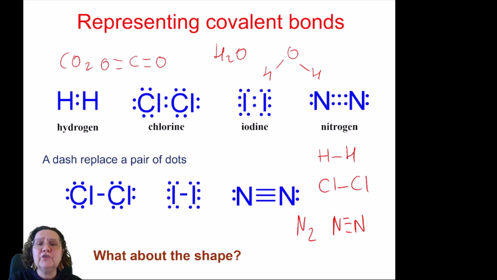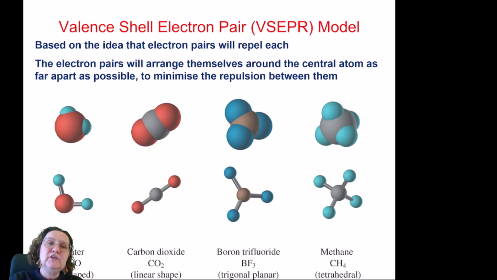And that is because those lines are not the only electrons that are around that central atom. To understand the structure of a molecule, whether all the atoms will be in a line, it will be a V shape, a square, a triangle, whatever, we need to understand a little bit about how many electrons are around that central atom.